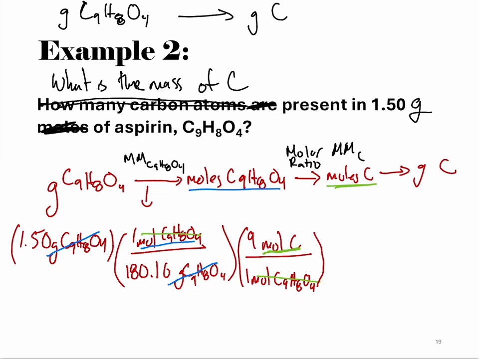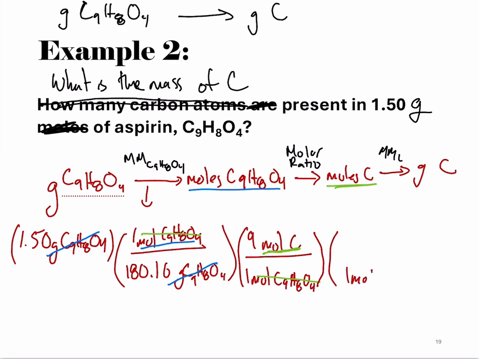And how do we go from moles of carbon to grams of carbon? How do we go between moles and grams in general of anything? Multiply by what? The molar mass, right? The molecular weight or the molar mass. So we're just going to be using the molar mass again. And what units do we want to cancel out?